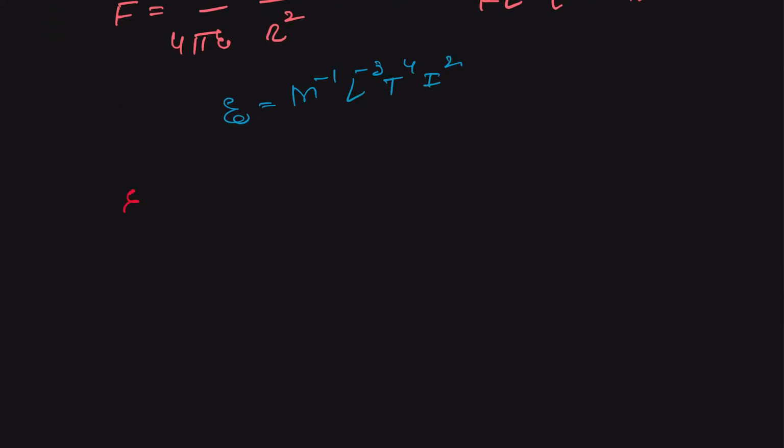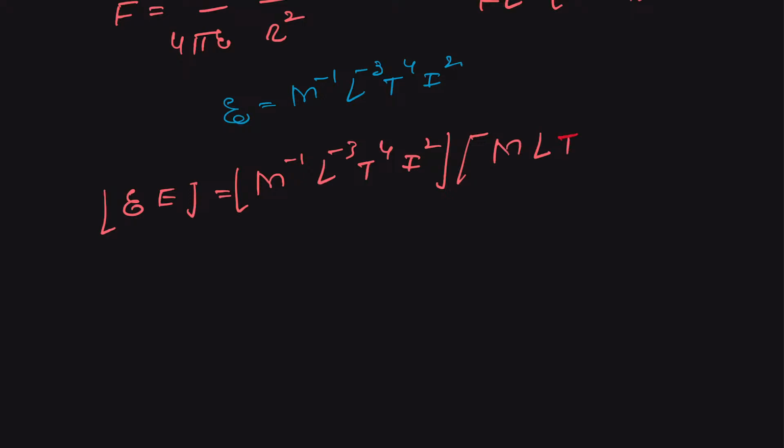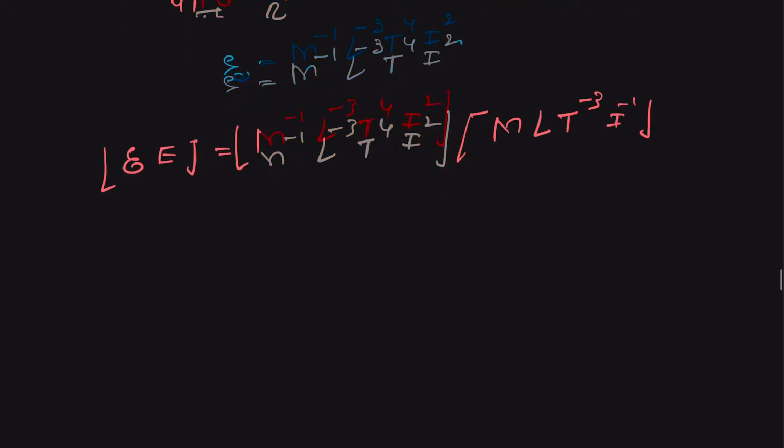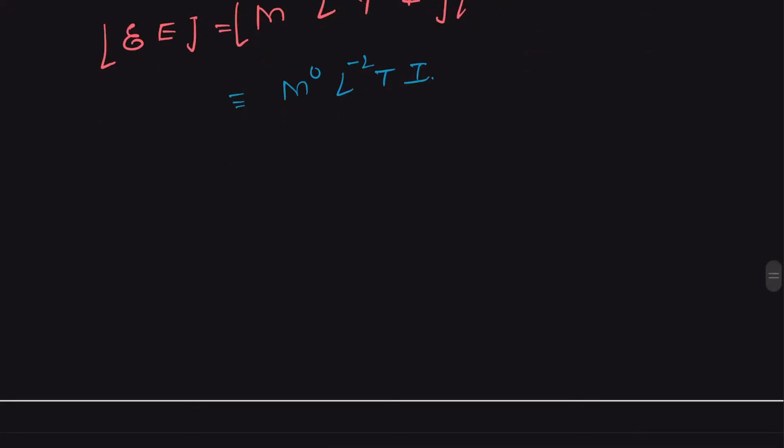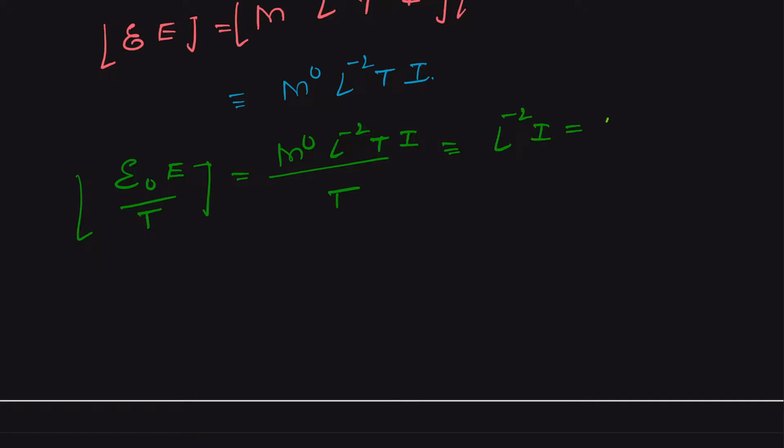So we need epsilon times E. We get M to the minus 1, L to the minus 3, T to the 4, current squared, multiplied by the electric field M L T to the minus 3 and current to the minus 1, and this gives us M to the 0, L to the minus 2, T times I. Finally we are going to divide it by time T, which is M to the 0, L to the minus 2, T I upon T. So this comes as L to the minus 2 I, or sometimes it is also written as L to the minus 2 amperes.